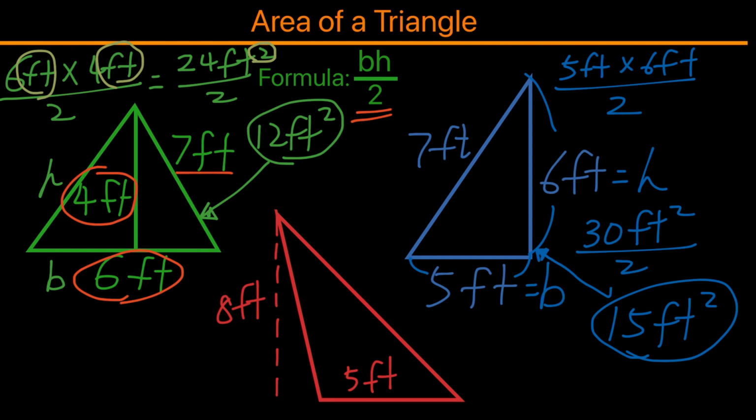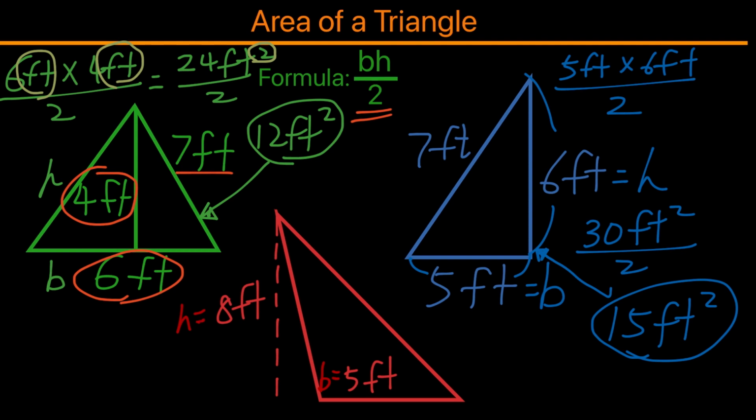Now the third example is the red triangle. From this example, the base is 5 foot and the height is 8 foot.